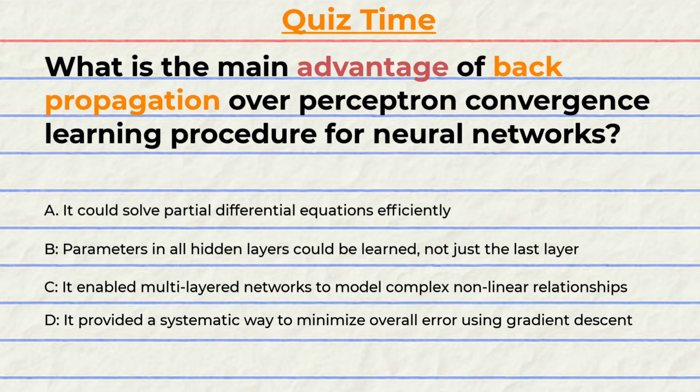C. It enabled a multi-layer network to model complex nonlinear relationships. Or D. It provided a systematic way to minimize the overall error using gradient descent. I'll give you some time to answer this question.